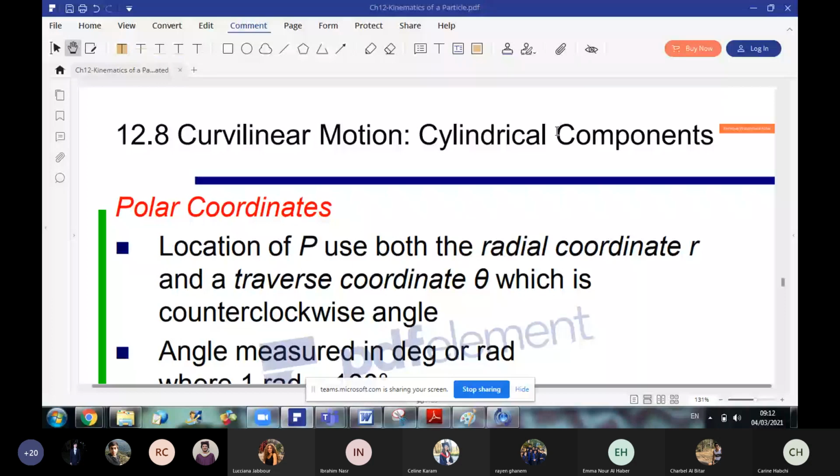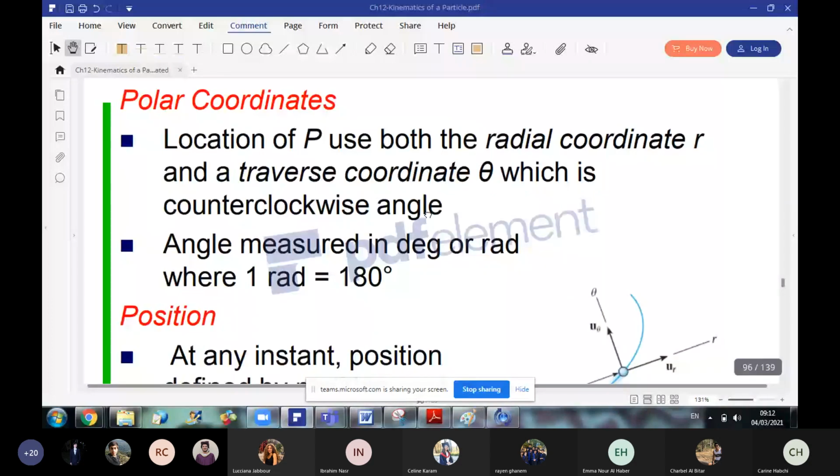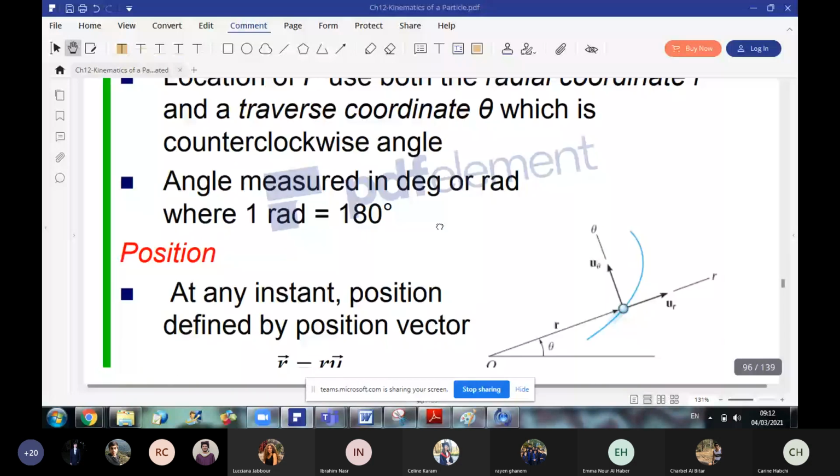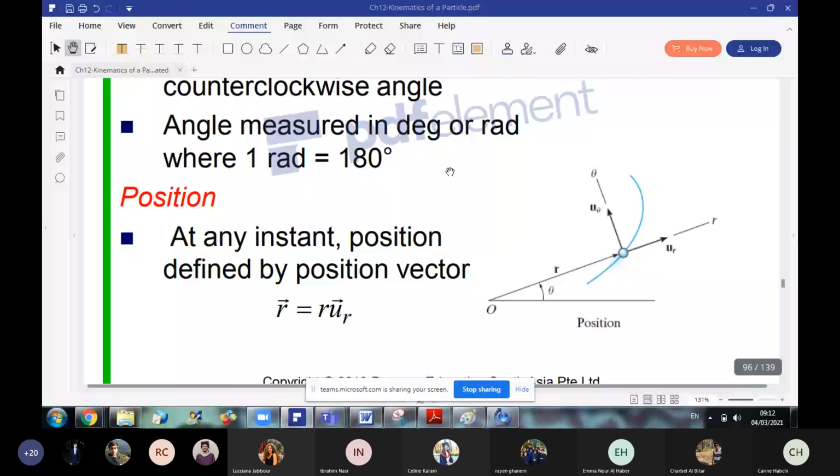So, what is the idea concerning cylindrical components? Instead of dealing with UN UT, another possibility is to choose the UR U theta frame. And what is the UR U theta frame?